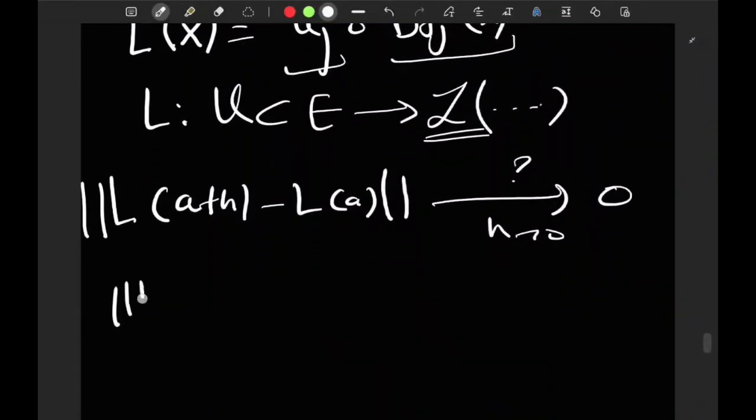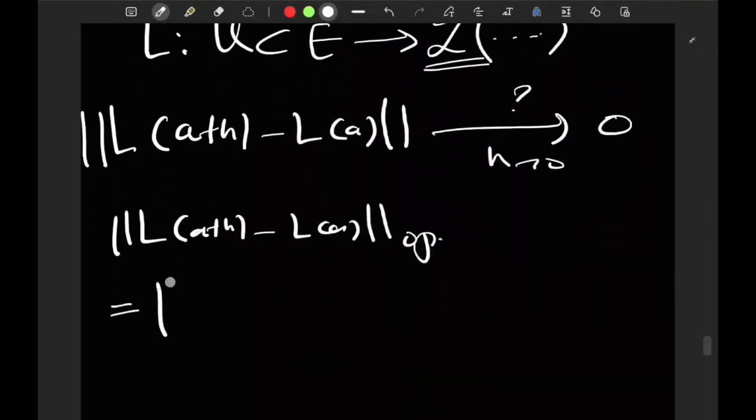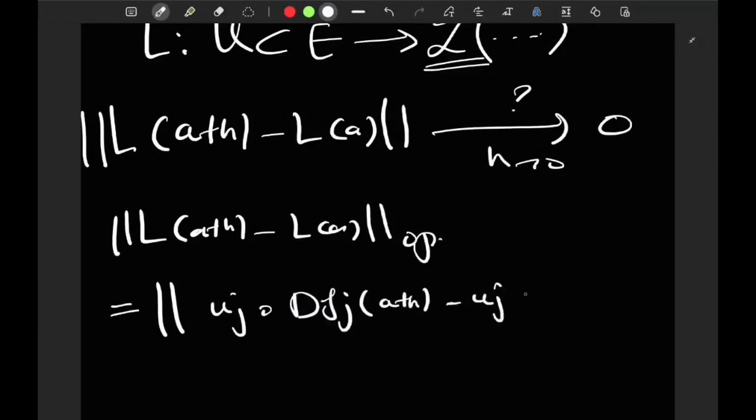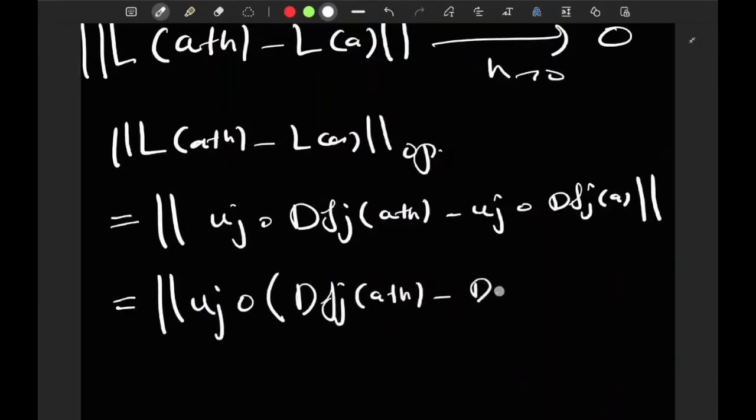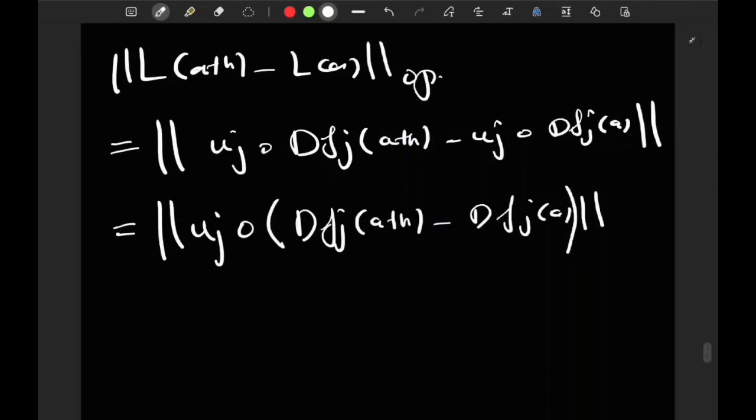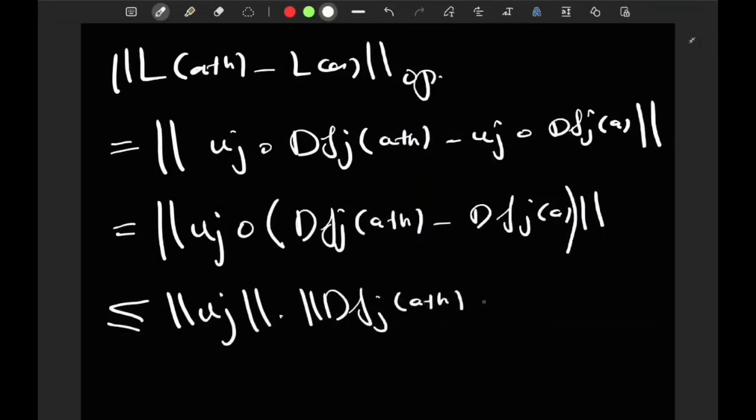The operator norm of L of A plus H minus L of A is equal to the norm of uj composed with dfj at A plus H minus uj composed with dfj at A. If I factor by uj, in the sense of composition, this is the norm of uj composed with dfj at A plus H minus dfj at A. I know this is less than or equal to the norm of uj times the norm of dfj at A plus H minus dfj at A, something we discussed earlier.